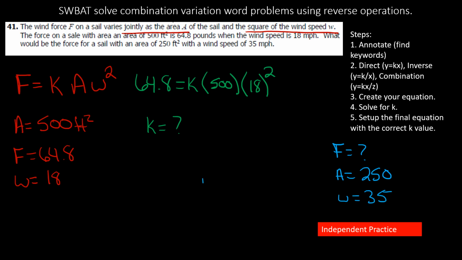So you're going to be looking for the force when you know what K is, times 250 times 35 squared. So you've got to get K in order to get F. All right? Again, if you have any questions, send me a message. I'll be more than happy to help you out.